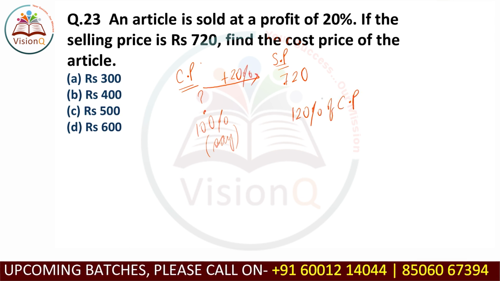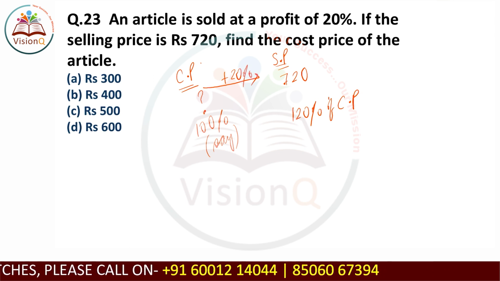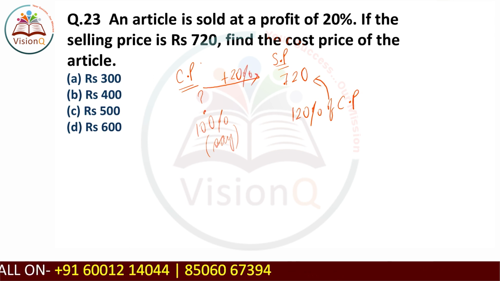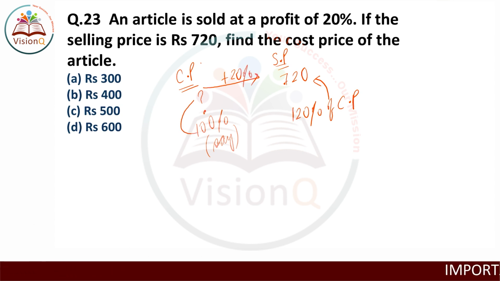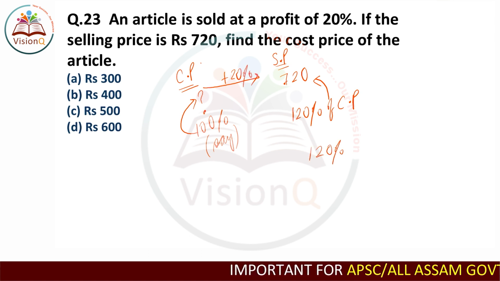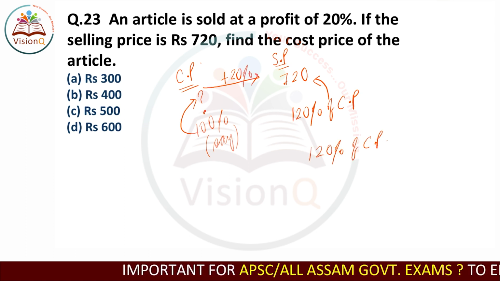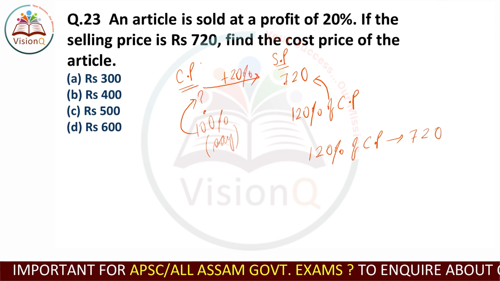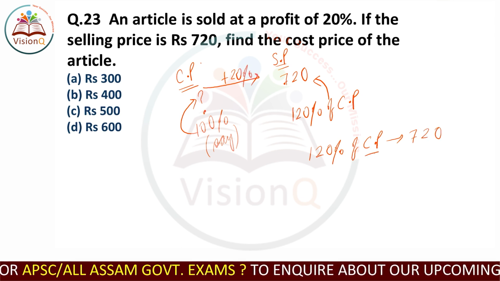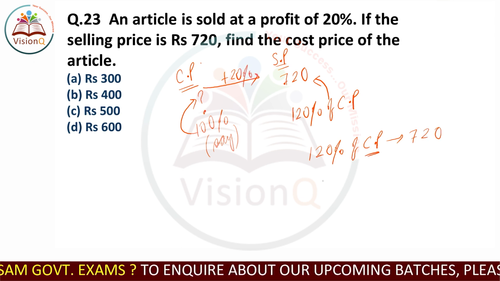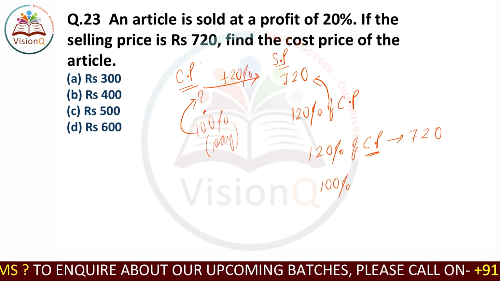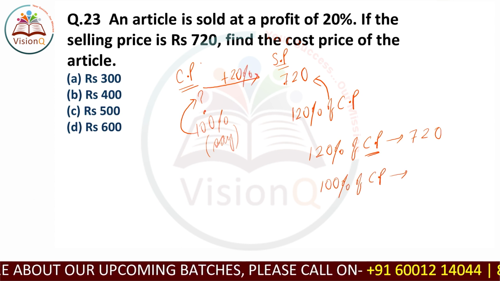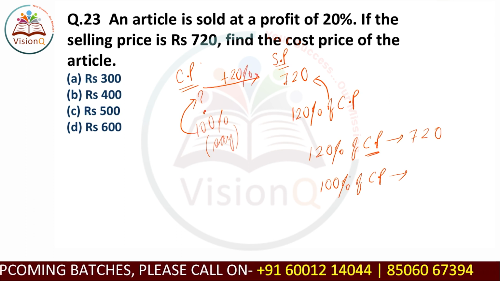Now this 120% is the 720 rupees already given in the question. So if 120% is 720 rupees, then 100% will be the cost price. To find the complete cost price, always find 100%.